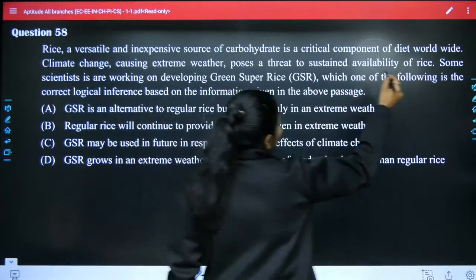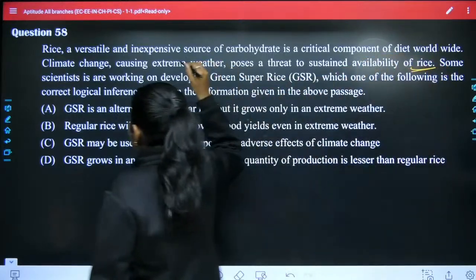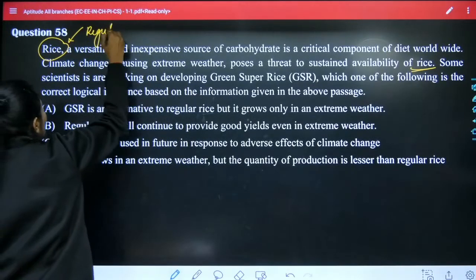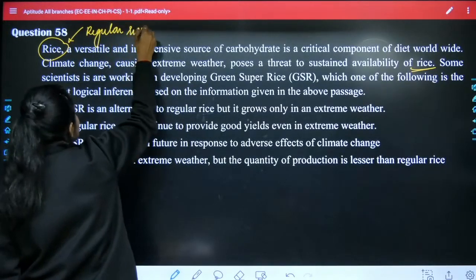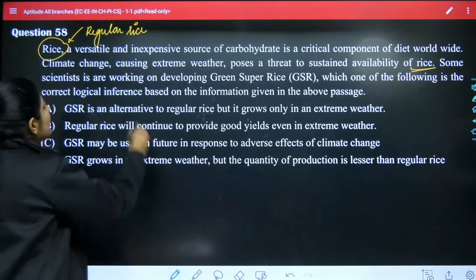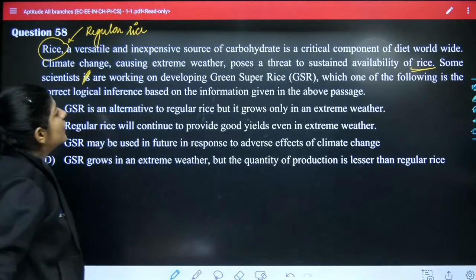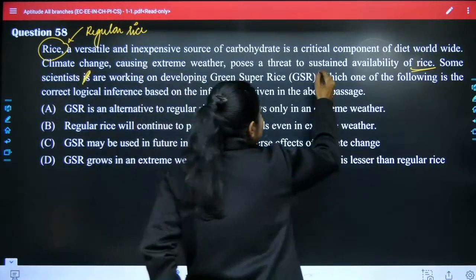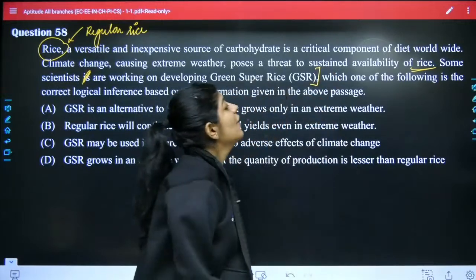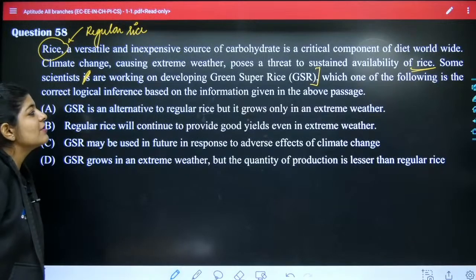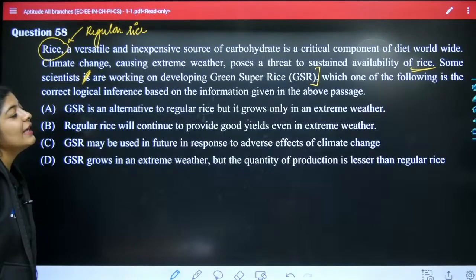Here the rice is the regular rice. Some scientists are working on developing green super rice. This is all we have. Which one of the following is the correct logical inference based on the information given in the above passage?